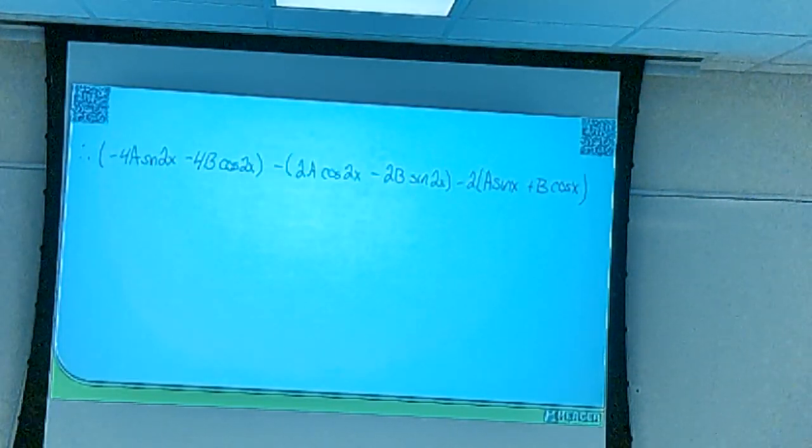I'm also going to group like terms. So group your sines together and group your cosines together.